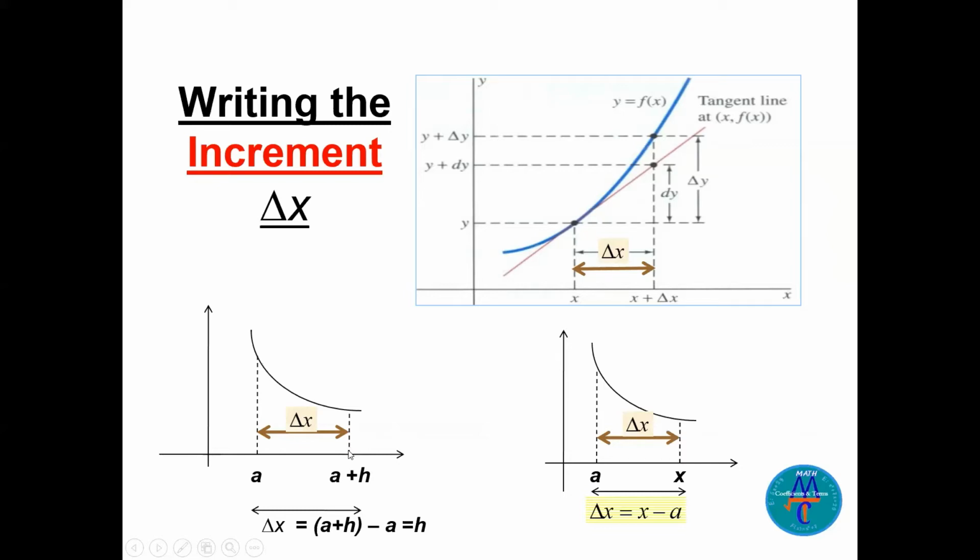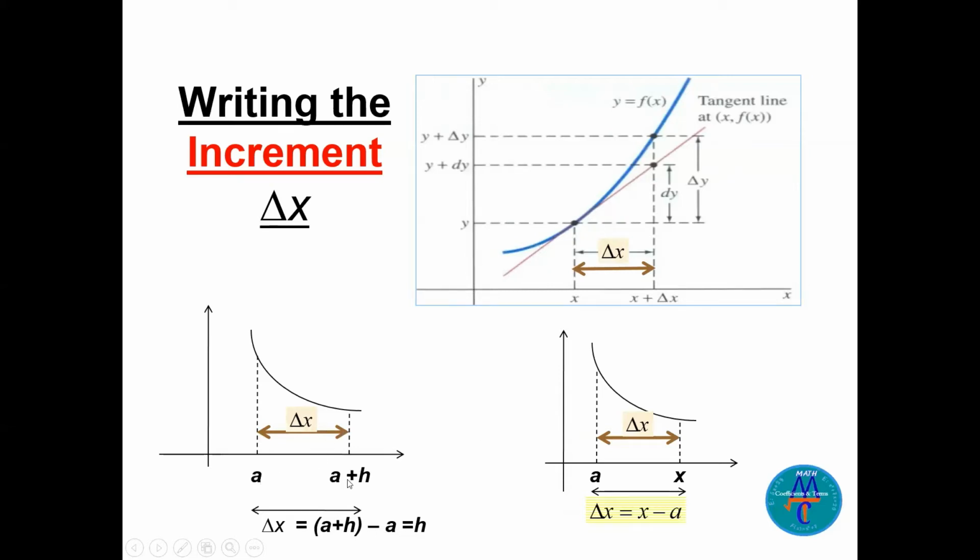So h will be the increment, because if you take a plus h minus a, just like x plus delta x minus x, you will get delta x. Look here, a goes to a plus h, so we add an increment. So a plus h minus a becomes h, so this is also delta x.